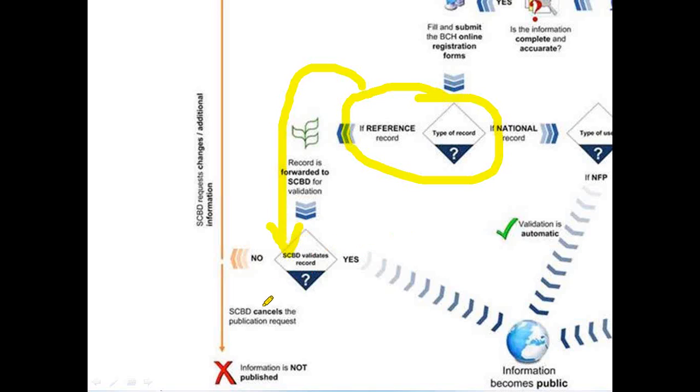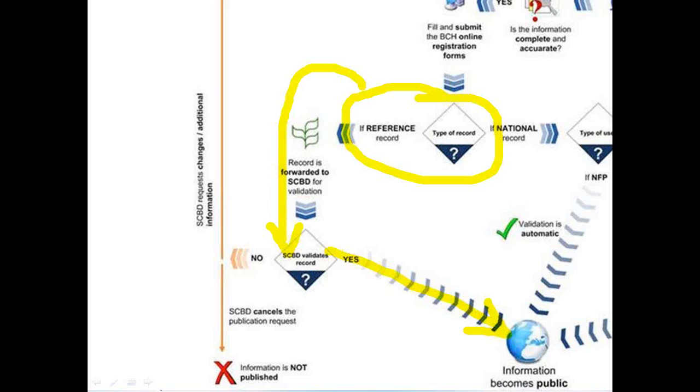They will ask for changes, or they will make very thorough checks about the information that is being submitted, if it's really related to biosafety, and in any case, if they have any kind of doubt, they will contact you or even contact the national authorities in case there is some kind of possible conflicts. Once they validate the record, it goes public in the BCH we saw before. Do you have any questions about this procedure and this flow of information for reference records?